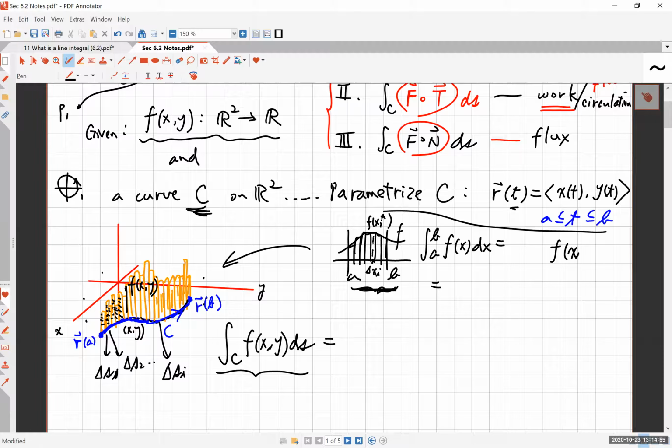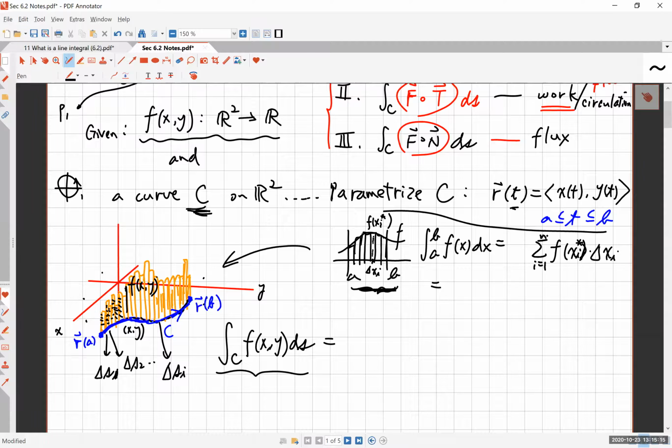So we calculate this, and then we multiply. This is the height of that ith rectangle, and then you multiply this by the length of that subinterval, and of course, what I just wrote is the area of the ith rectangle, and then you add them all up.